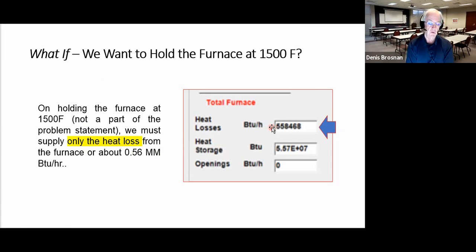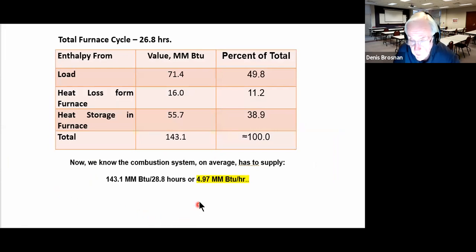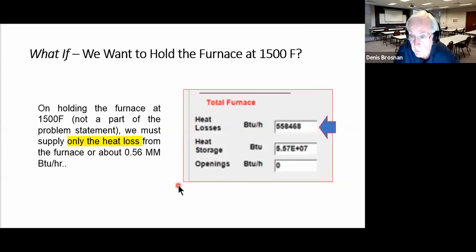So you can see that we've defined in this slide a low fire minimum condition, okay, for soaking if we were going to do that. And in this condition, we defined a high fire minimum condition for heating up. So it's quite a bit difference, 5 million BTUs per hour, and here about 0.6 million BTUs per hour in this process.